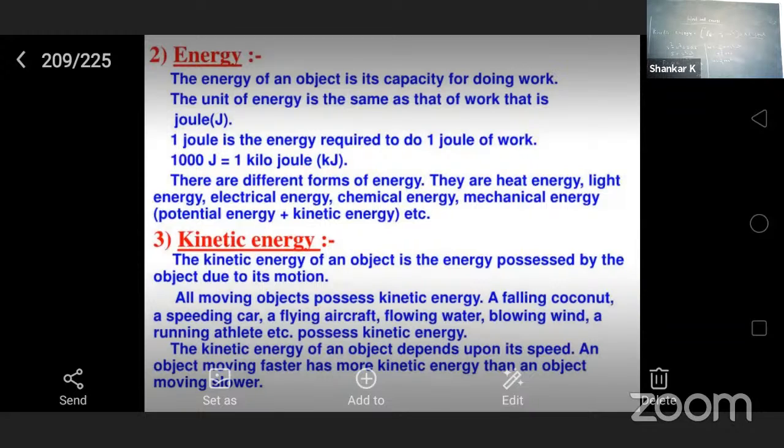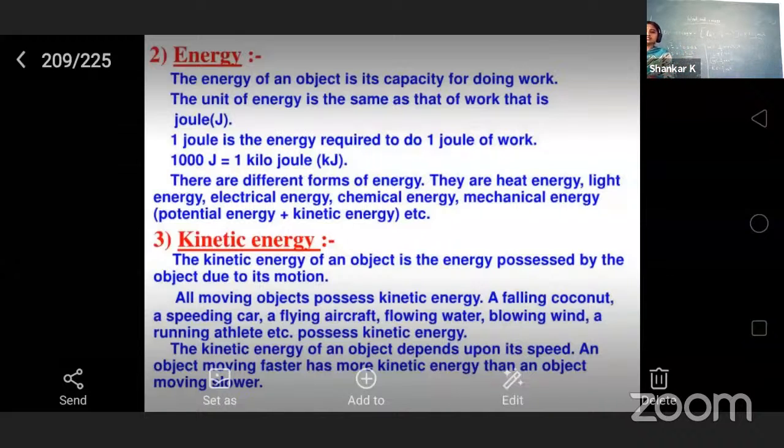Here, this W we consider as kinetic energy. K is equal to half m v square. So this is the formula of kinetic energy.